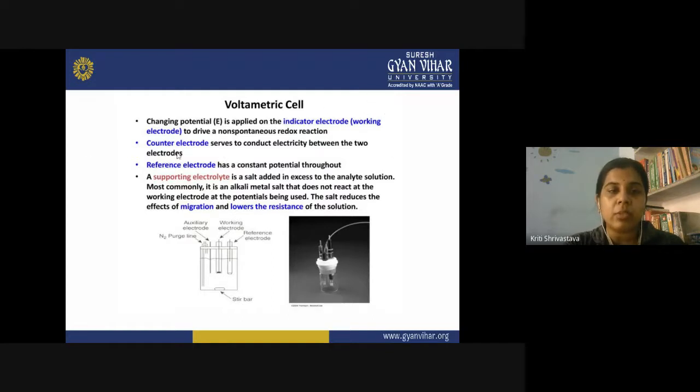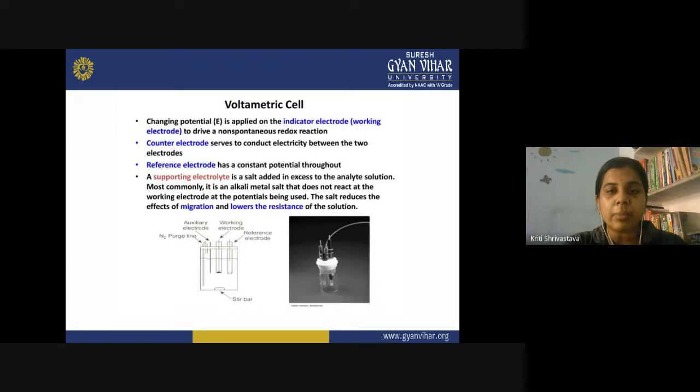Then there is a counter electrode just to make a connection, and the reference electrode, which is purely for measurement purposes. It has a constant potential, and you measure your potential on the indicator electrode with reference to the reference electrode. Now, all these three electrodes are dipped inside the supporting electrolyte.